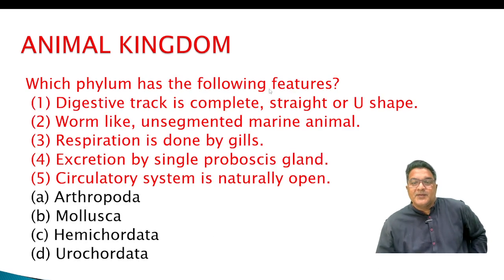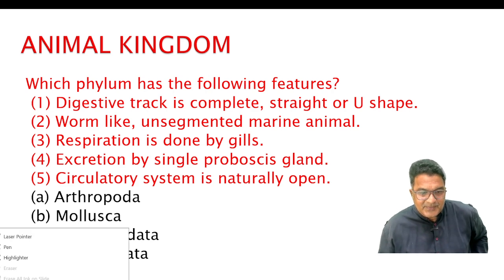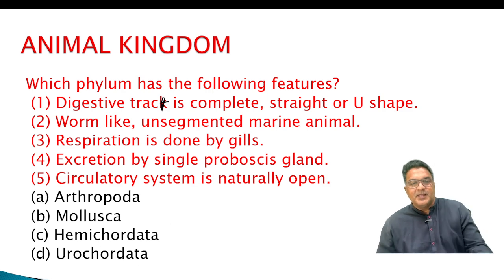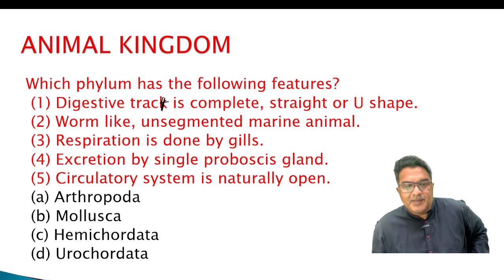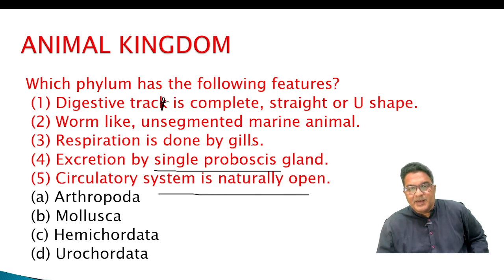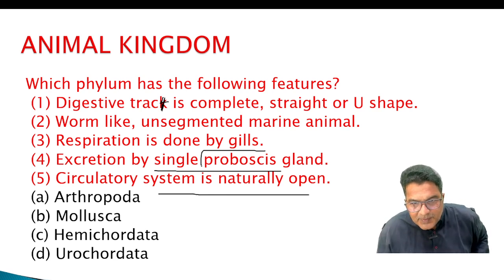Which phylum has the following features? Digestive tract is complete, straight or U-shaped, worm-like, unsegmented marine animal. Respiration is done by gills, excretion by a single proboscis gland. Circulatory system is open. I think this is enough to recognize the phylum.